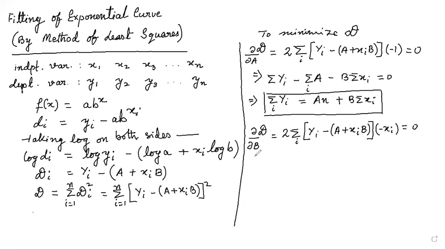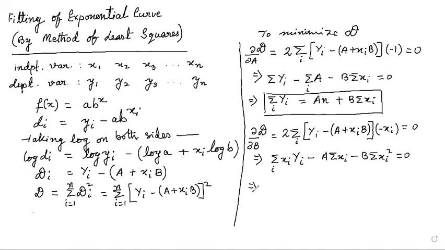So now after simplifying, we will be getting summation xi capital yi obviously over i minus a summation xi minus b summation xi square equated to 0.